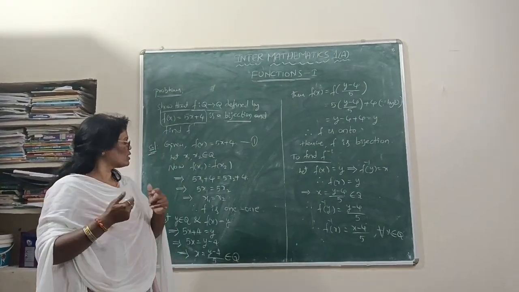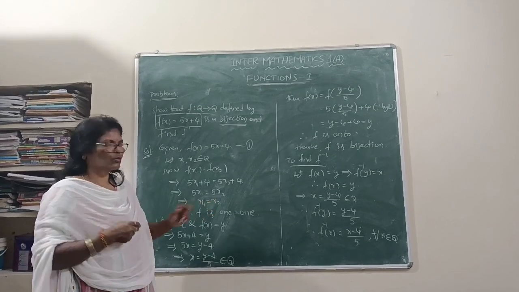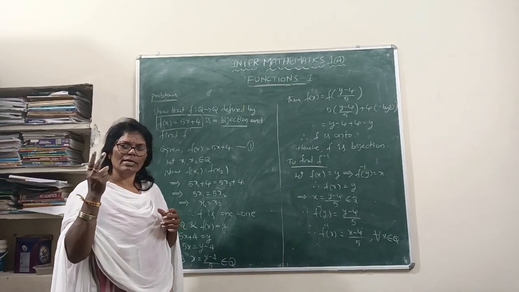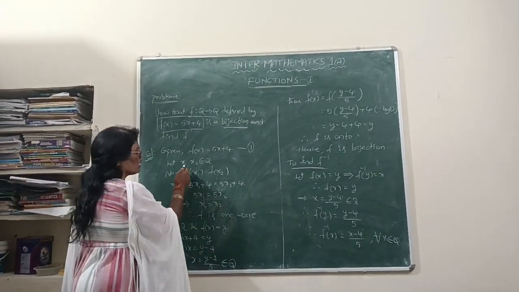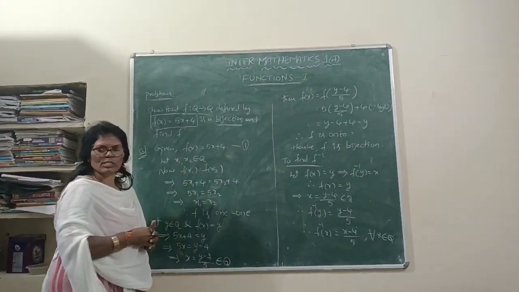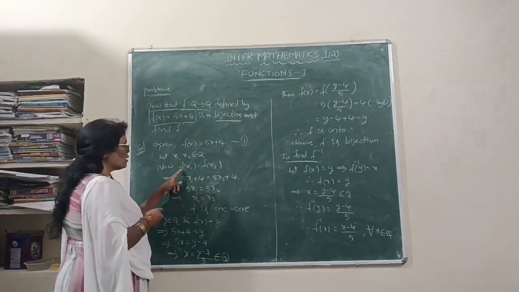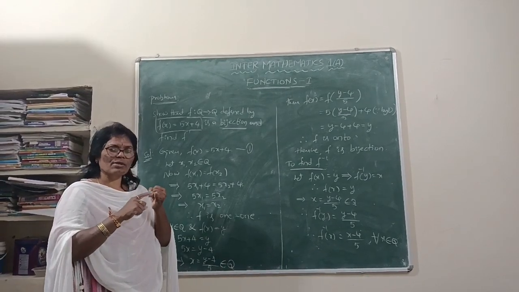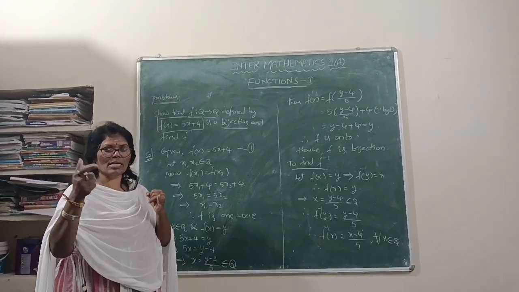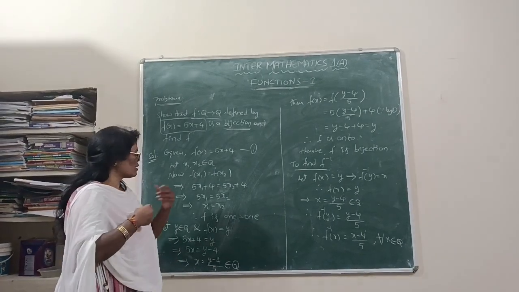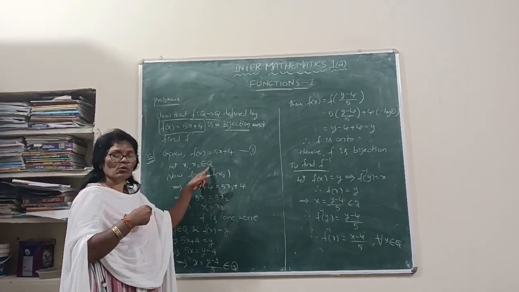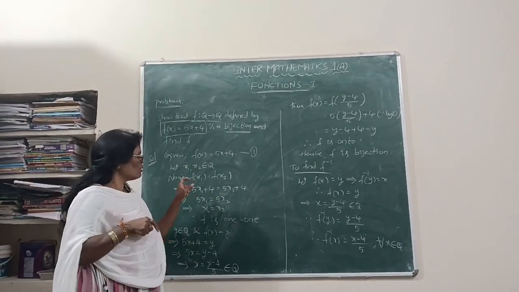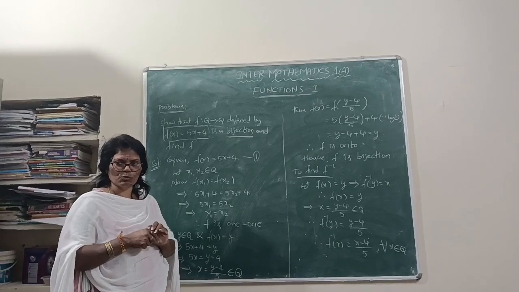First we'll show the one-to-one condition and then onto. For one-to-one, take any two elements in Q. So I am taking x1, x2, the two elements in Q. By the definition of one-to-one, if f of x1 is equal to f of x2, then we need to show x1 equals x2.